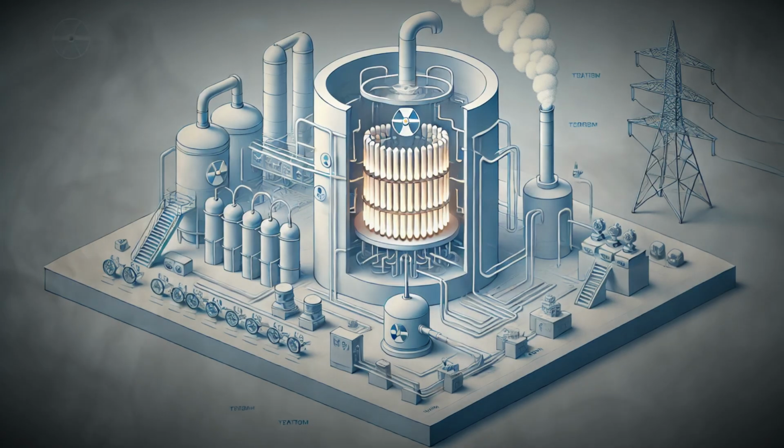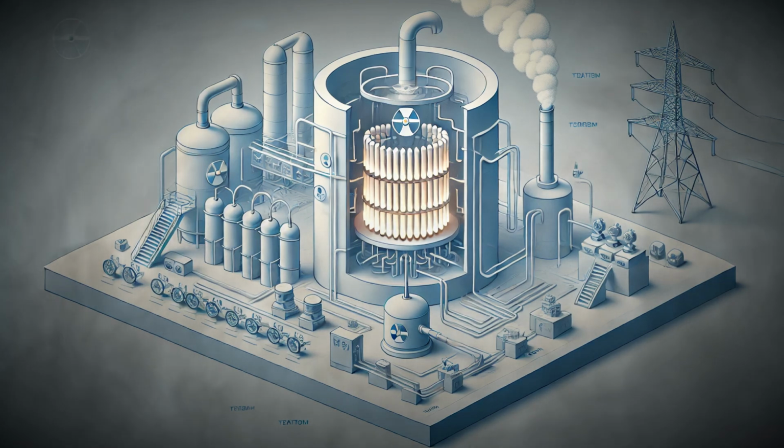Some advanced reactors use coolants other than water, such as liquid sodium, carbon dioxide, or helium gas, each with specific advantages. Sodium-cooled fast reactors, for example, use liquid metal because of its excellent thermal conductivity and high boiling point, which allows for efficient heat transfer at atmospheric pressure.